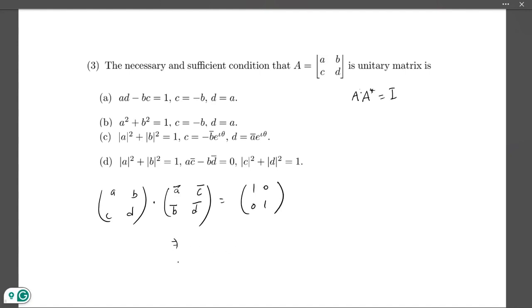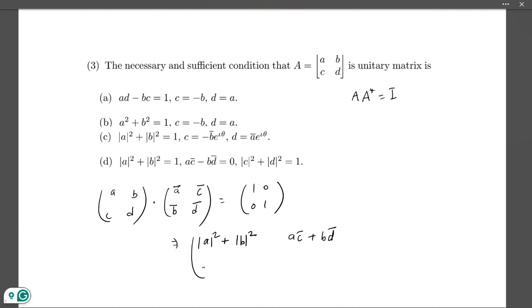From here, you get in the first place norm A square, right? A A bar becomes norm A square. Am I right? Plus norm B square. And in the second position, we get A C bar plus B D bar.